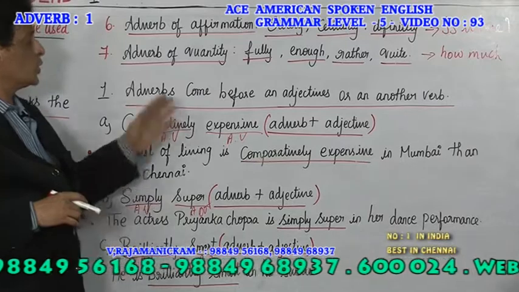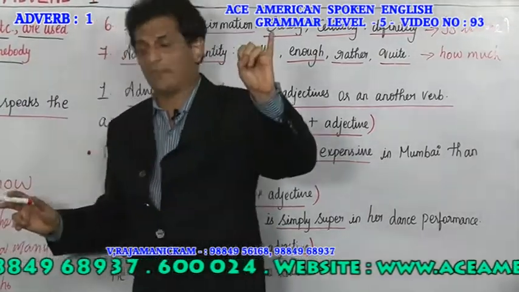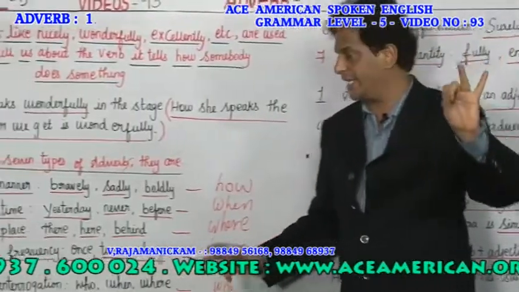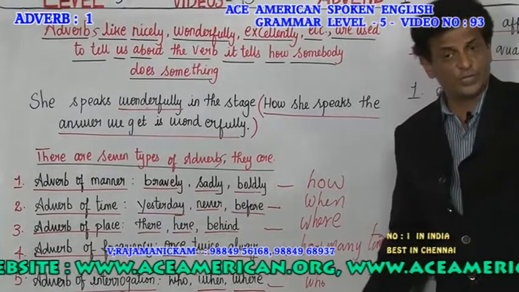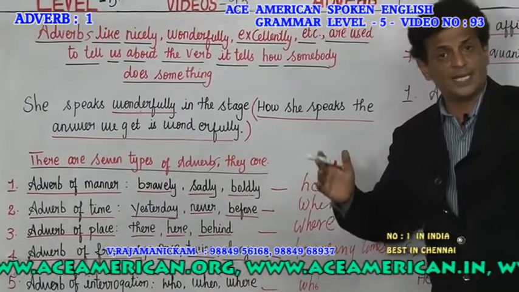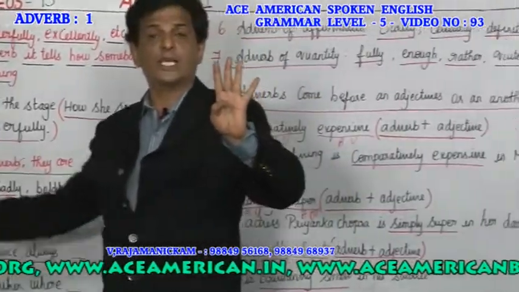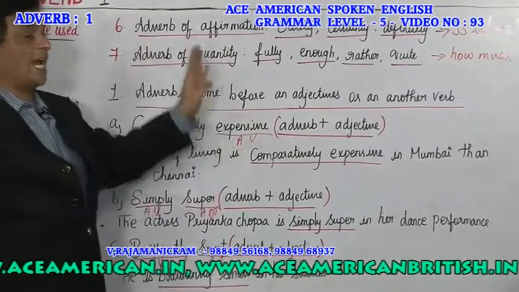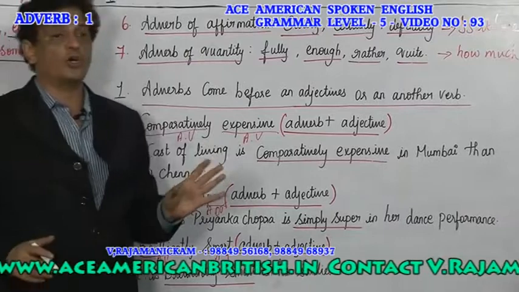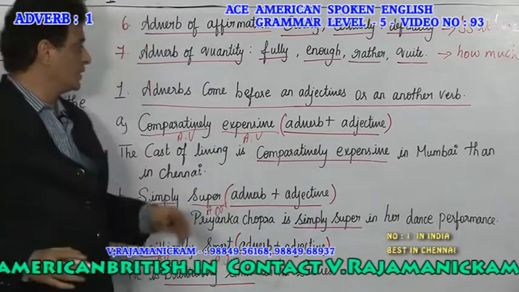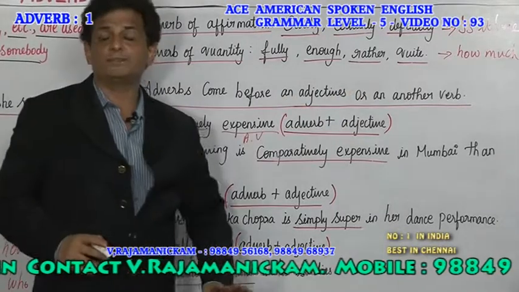So 7 வகையாக வினையுரிச்சொல் இருக்கிறது: manner தன்மை, time நேரம், place இடம், frequency அடிக்கடி நிகழக்கூடியது, interrogation கேள்வி, affirmation உறுதிபட கூறுவது, quantity அளவுகோல்.